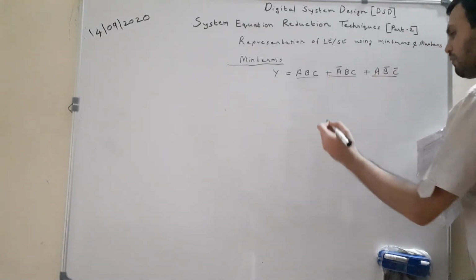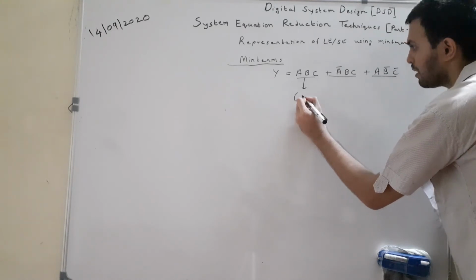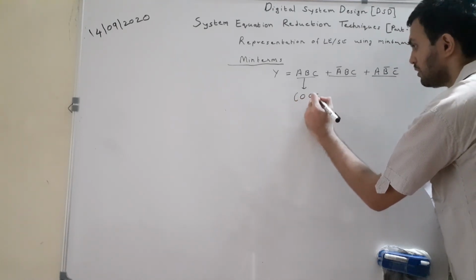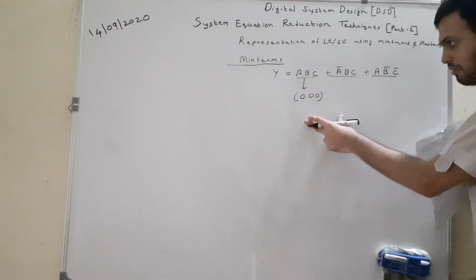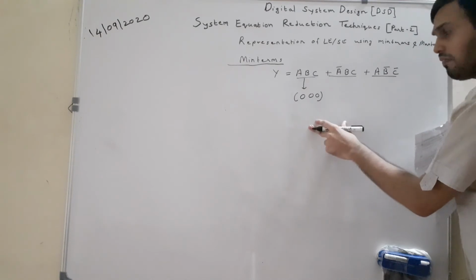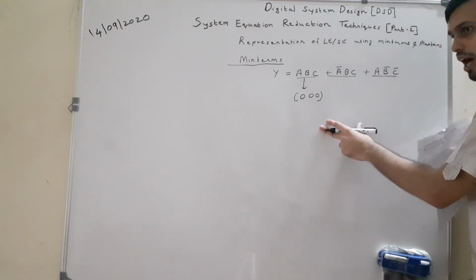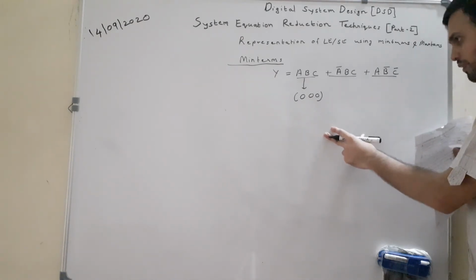Now how will you represent this? Remember we are writing min terms. Another definition of min terms which I told you earlier: min terms are the terms in the truth table whose output corresponds to 1.